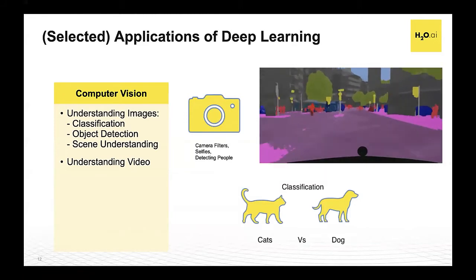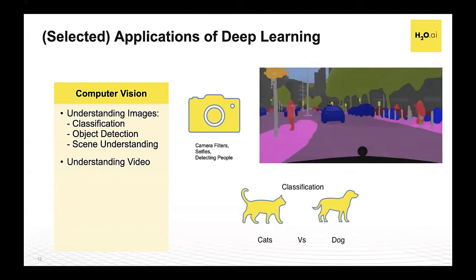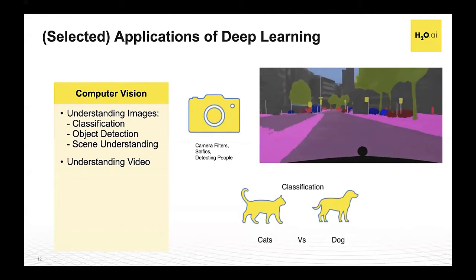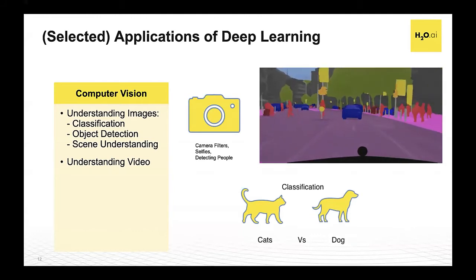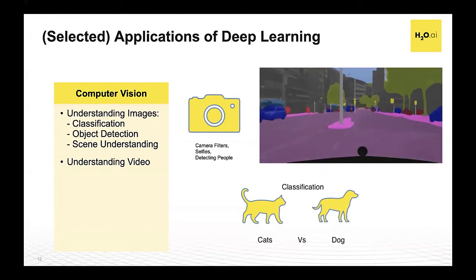One of them is computer vision. Wherever we use algorithms and apply them to images or videos, that's known as computer vision. This could include understanding images.